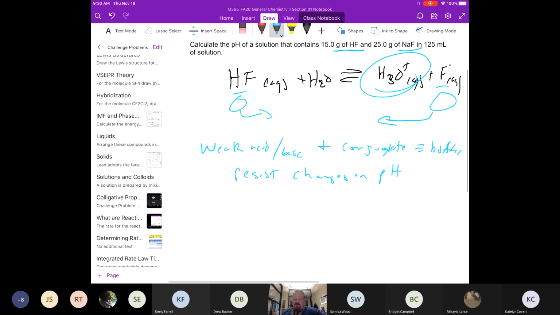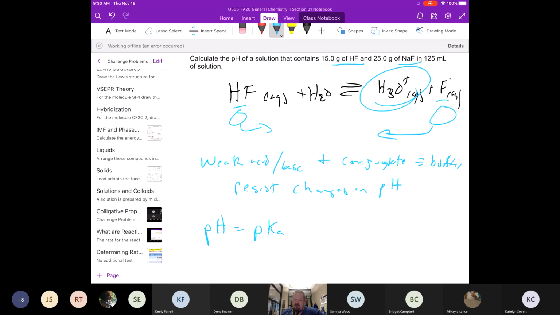And the important thing is that we can define this pH using the Henderson-Hasselbalch equation, which is the pH is equal to pKa plus the log of the species which is a base, divided by the species which is an acid.